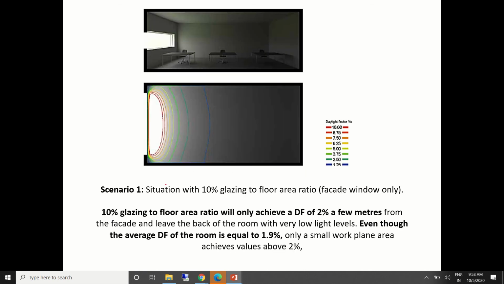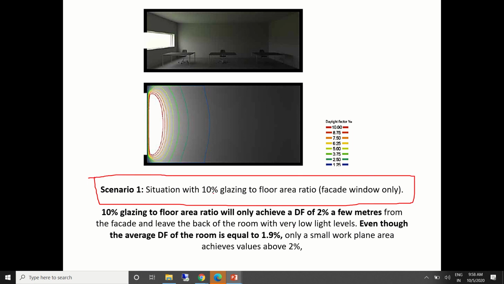So in the first scenario, the situation with 10% glazing, this is 10% of the floor area. If the opening size is 10% of the floor area, what happens? So 10% glazing to floor area ratio will only achieve 2% of daylight a few meters from the facade, and leave the back of the room with very little light.